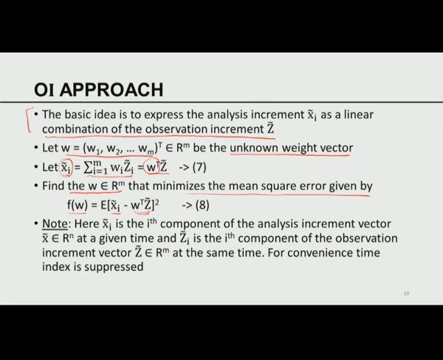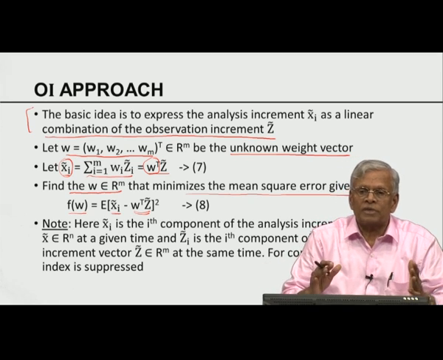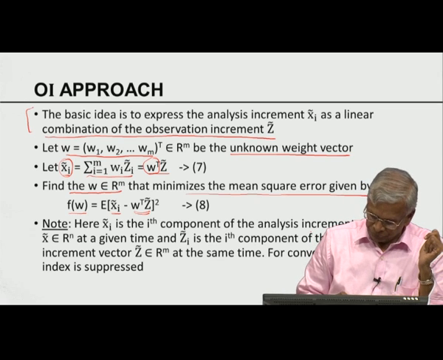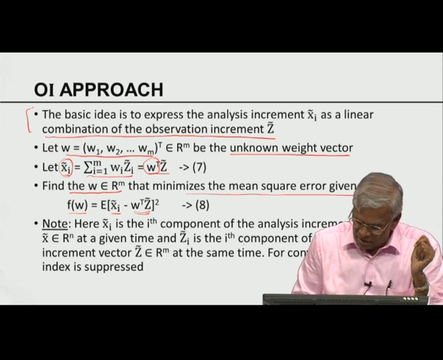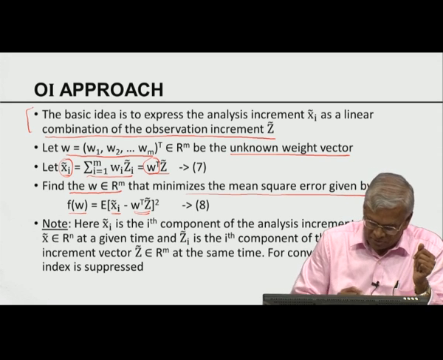So xi is the ith component of the analysis increment vector at a given time. All these things are done at a given time. If you are interested in various times, I have to repeat it at each time. So without loss of generality I am assuming k, the time, is fixed. z tilde is the vector, z tilde i is the ith component of the observation increment.